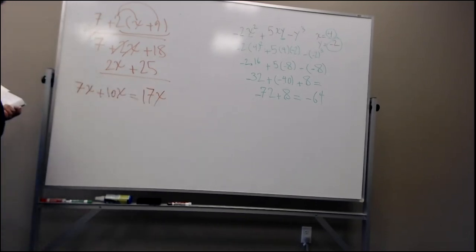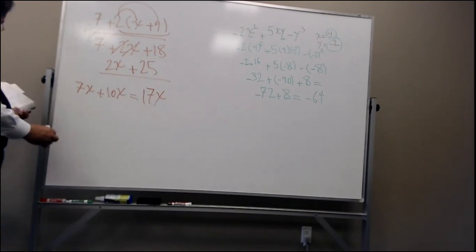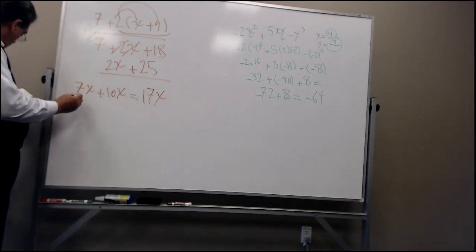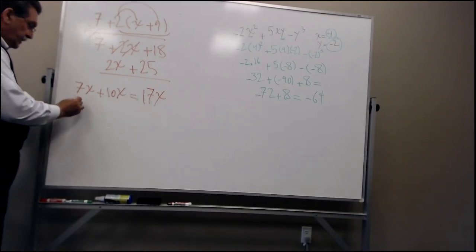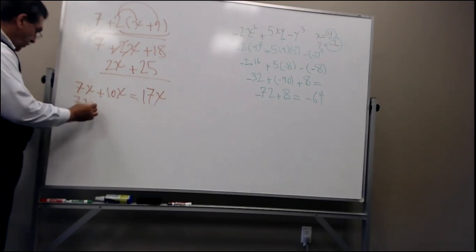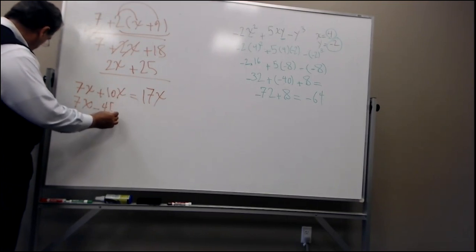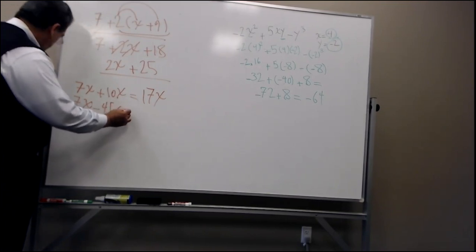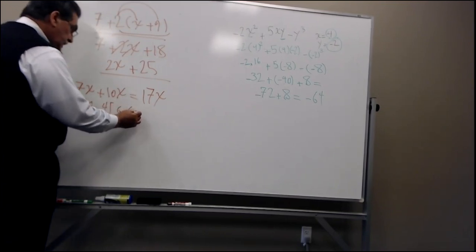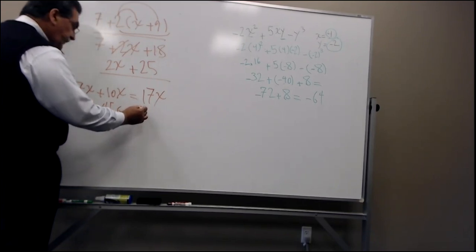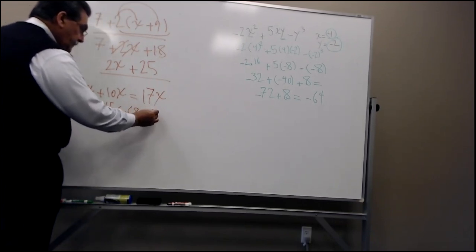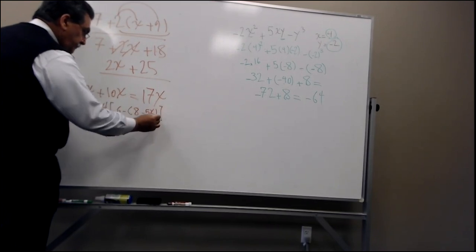Or let's say you have number 62. We have 7x minus 4, and then we have the brackets. 6 minus parentheses 8 minus 5x. Okay?